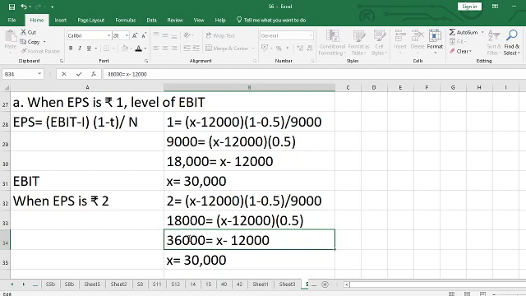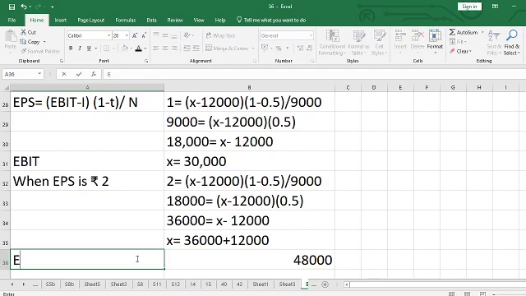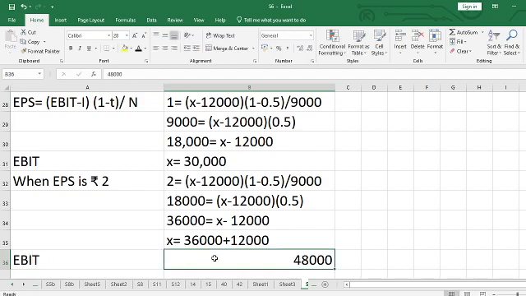And finally, X is equal to 36,000 plus 12,000. So the EBIT is 48,000. So the likely level of EBIT is 48,000 when EPS is 2.